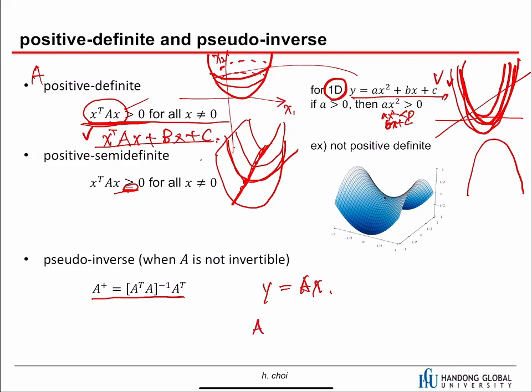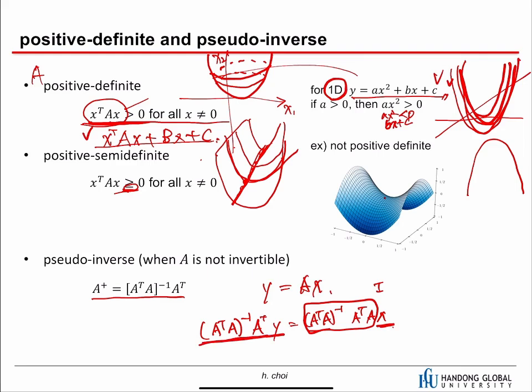We multiply by A transpose: A transpose y is A transpose A x, and we multiply by A transpose A inverse. If A transpose A is invertible, then we can cancel these out. So this one is just the identity matrix, and then this one times y is just x.